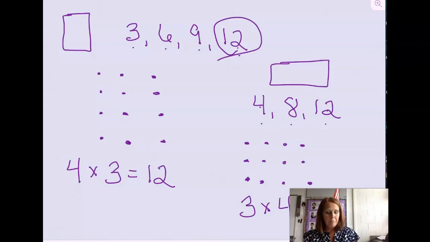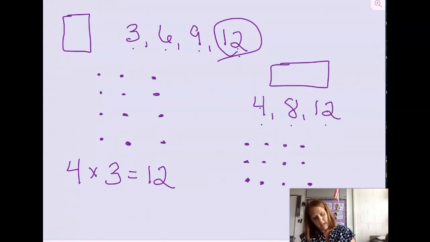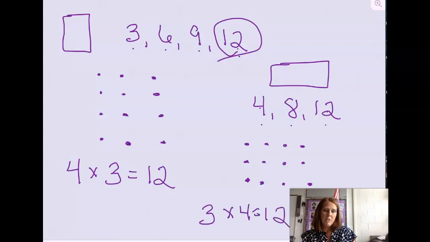So here we go. We have the commutative property of multiplication, and we can see that 3 times 4 equals 12 is the same as 4 times 3 equals 12.